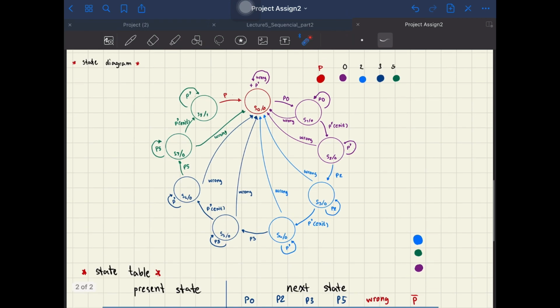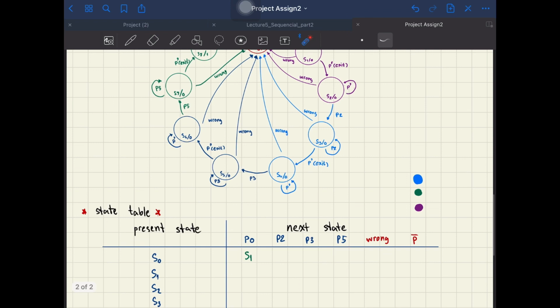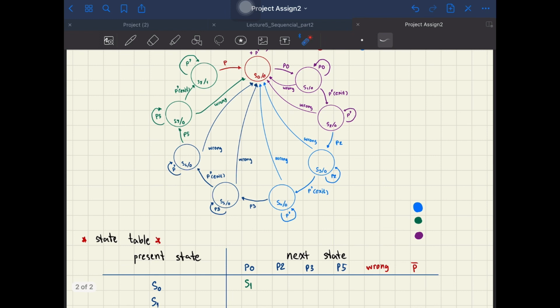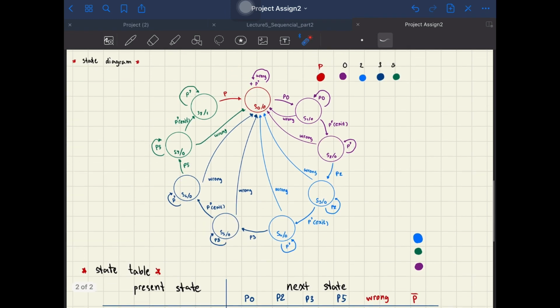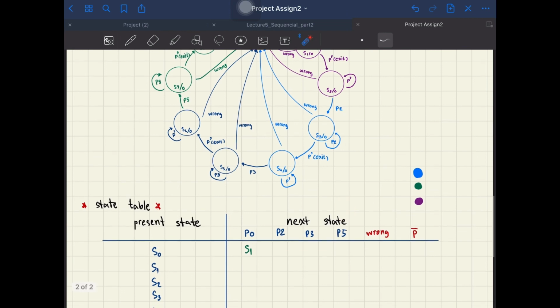At state 0, we must press 0 to go to S1, and then if you press 2, press 3, press 5 or wrong, you will go back. No, sorry, you will not go back, you will stay in state 0, because we are in state 0, and if you do these things, you will stay in state 0 as I told you.